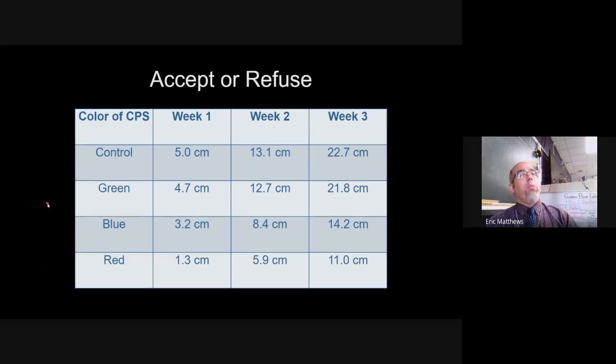And let's take a look at the results then. Week 1, week 2, week 3. Now, if you take a look at these measurements, do we accept or refuse Zach's hypothesis? He said that if he uses the green colored plant strips, then it will grow more.